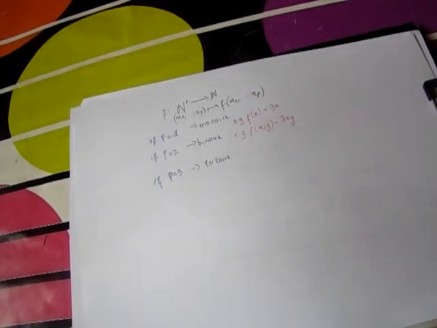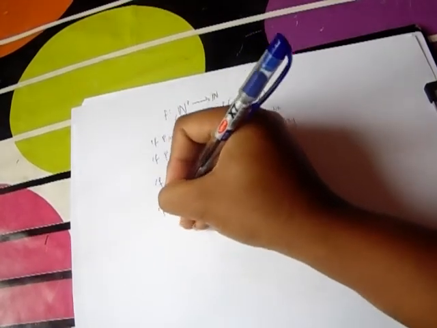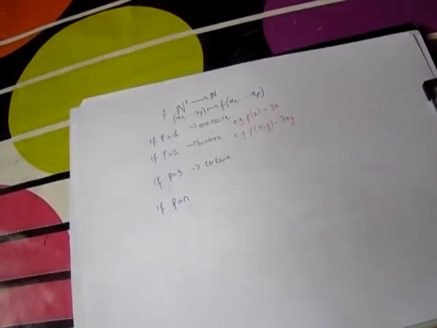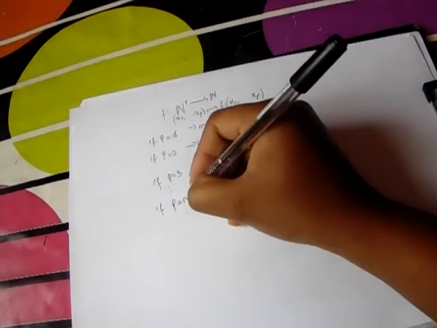Okay, it basically goes on like that up to, if p is equal to n. If p is equal to n, finally, it means the function is of arity n, because we'll be having n variables. And so we say f is n-aire.